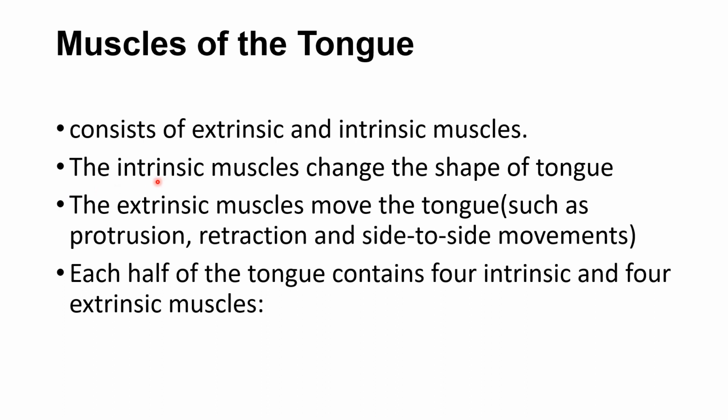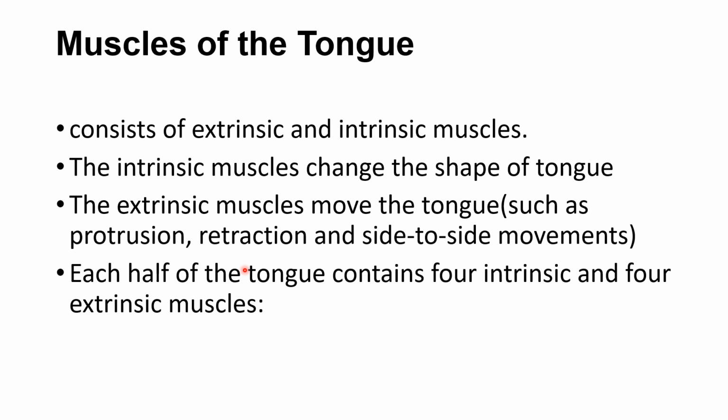In the tongue, all the intrinsic muscles will be present inside the muscular body of the tongue, and they are responsible for the change in shape of the tongue, while the extrinsic muscles only move the tongue: protrude, retract, and side to side movements.